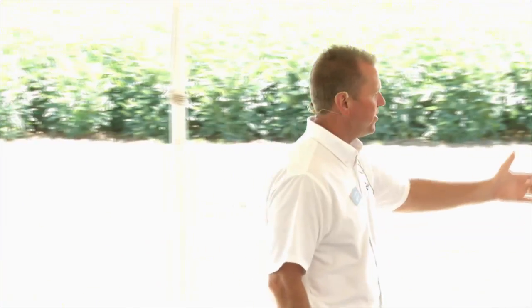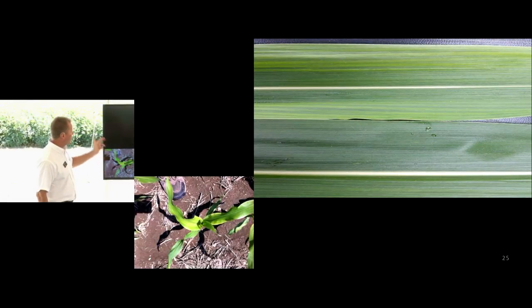I also don't want to pigeonhole the Y-drop application system into it's only about nitrogen. It's about any nutrient that's limiting. We're working with partners in the industry like Winfield Solutions around what kind of products can I put through this as a nutrient cocktail to really have impact on yield. So sulfur, potassium, what about growth regulators? Here you can see we're looking at sulfur deficiency as we get this streaking in the newer leaves.